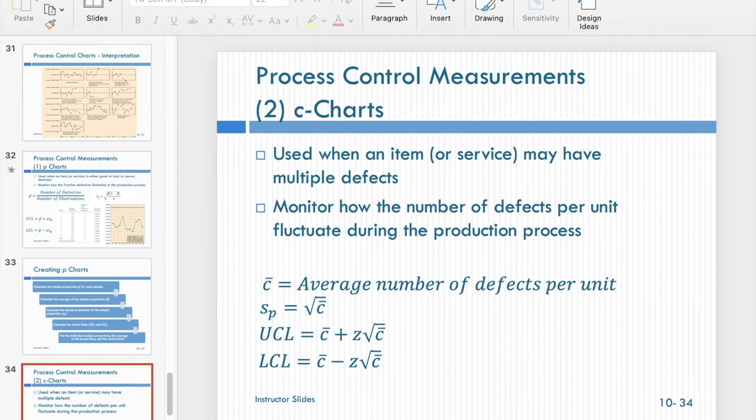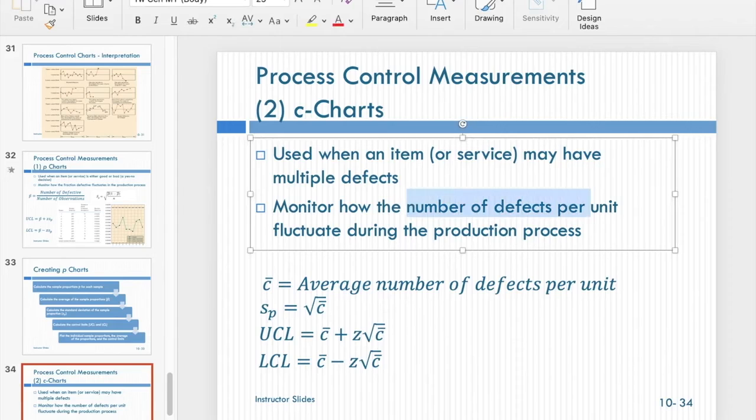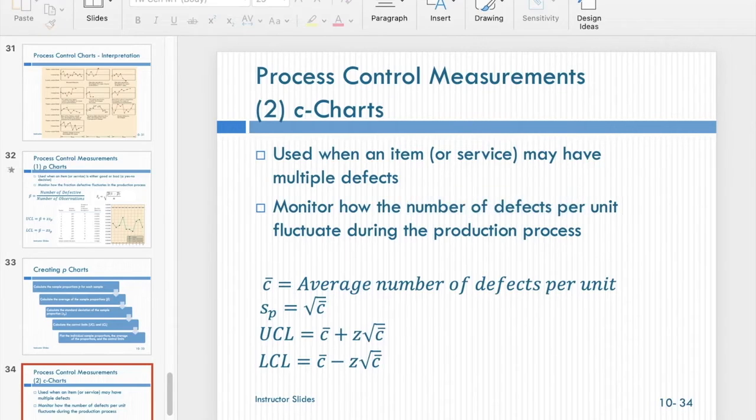You may wonder why we monitor the number of defects per unit. Here we suppose that every unit may have more than one defect, or more than one defective characteristic, or even multiple defective holes.